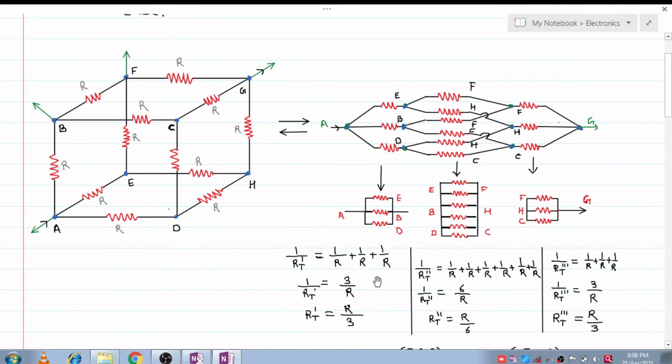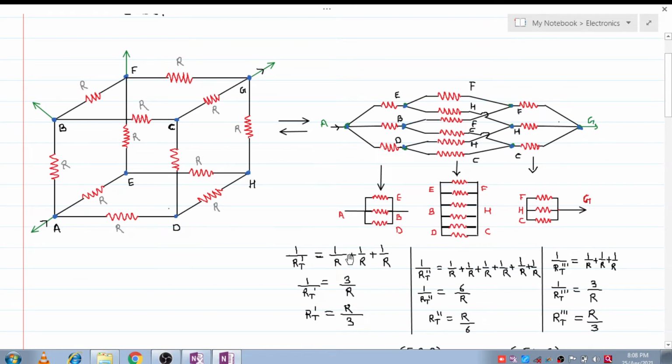If resistances are connected in parallel, we calculate the equivalent resistance using this formula. So for these three resistances, 1 upon RT dash is equal to 1 upon R plus 1 upon R plus 1 upon R, so 1 upon RT dash is equal to 3 by R. So RT dash is equal to R by 3.